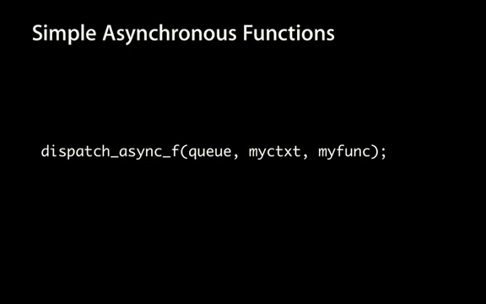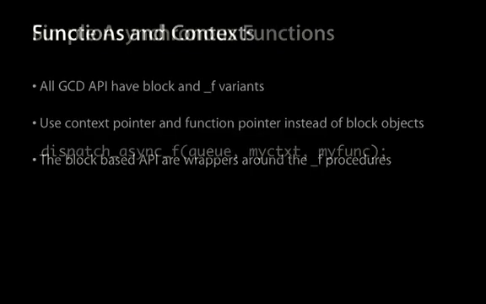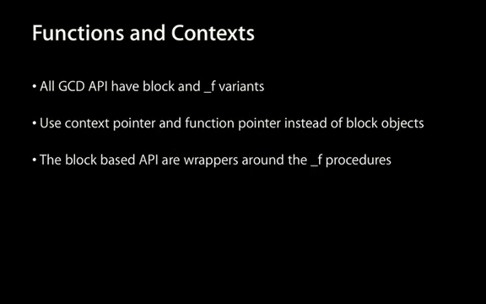The _f functions are actually kind of the basic primitive of GCD. All of the blocks work is really a wrapper around that. And when you use _f, it's not necessary to perform the block copy, so there's actually a little bit of performance that can be gained if your code's already in that model.